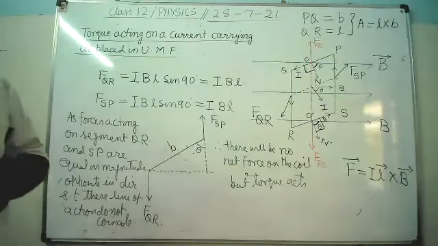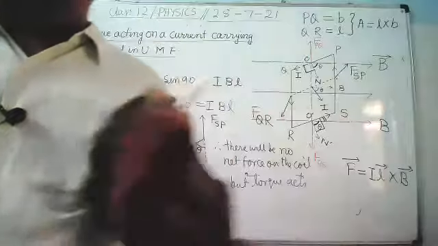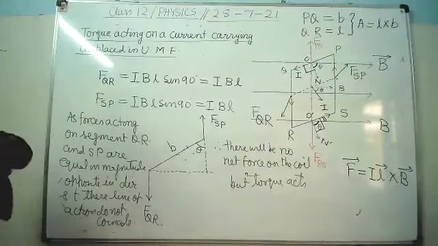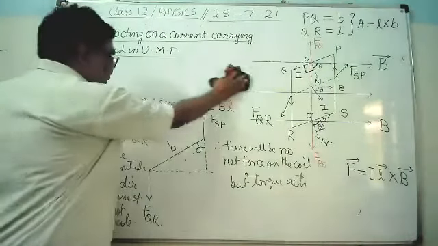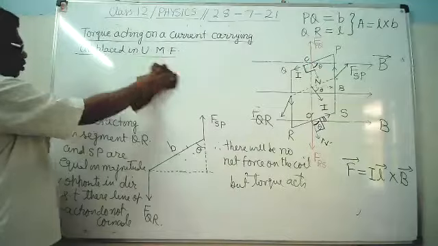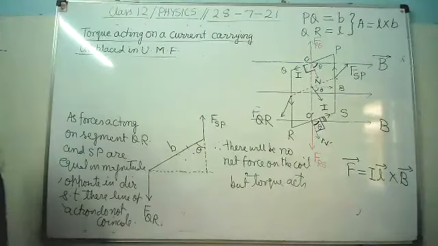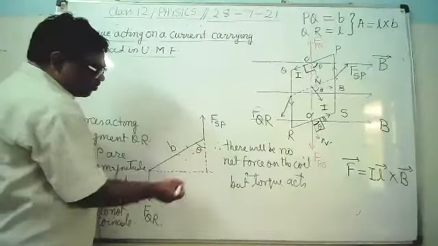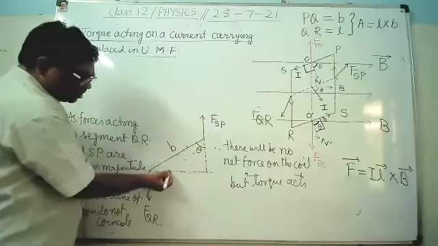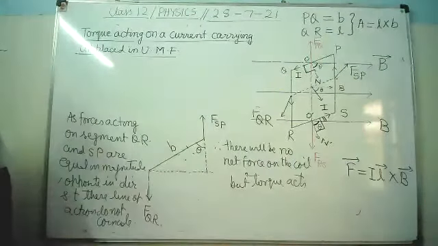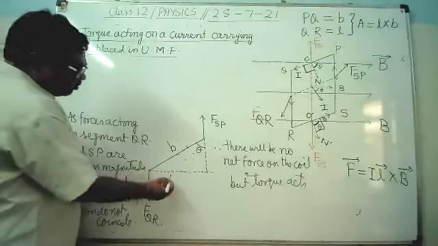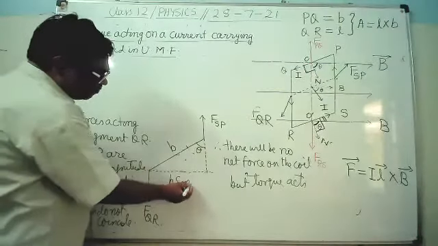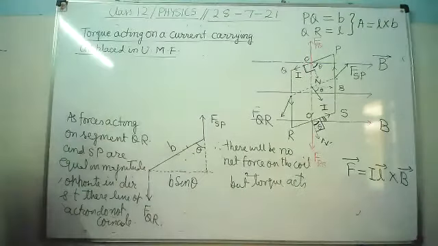The magnitude of the torque will be equal to one of the forces multiplied by the perpendicular distance between their lines of action. One has this line of action, the other has this line of action, and the perpendicular distance between them will be b sin theta.